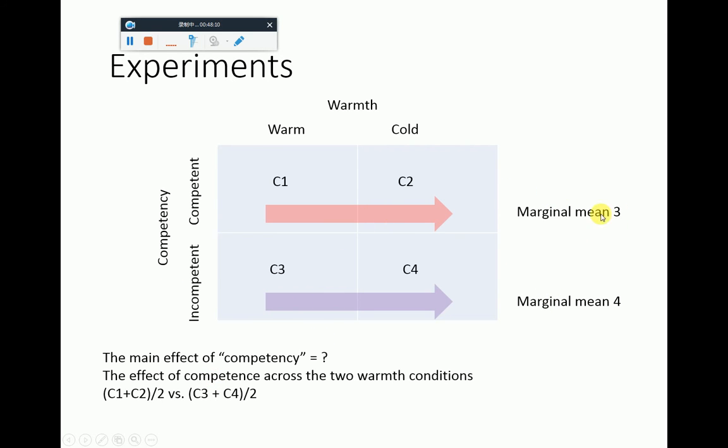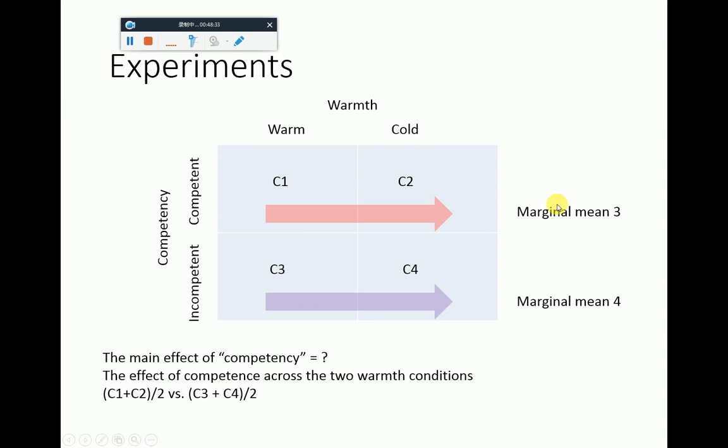And of course, we can work out the formula very easily between these two means. Marginal mean 3 will be the mean between these two averages, so we have C1 plus C2 divided by 2. That will give us this marginal mean. And then we use C3 plus C4 divided by 2 to represent this marginal mean. And then we work out if there's any difference here.